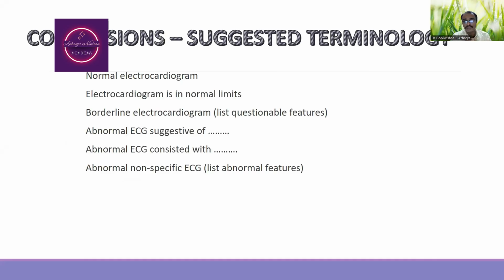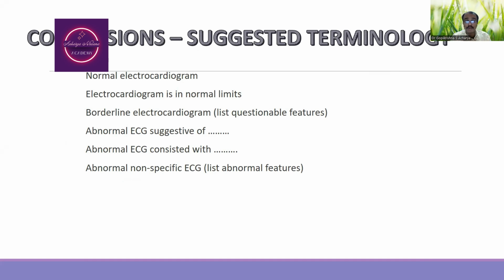Regarding the conclusions, what are the different suggested terminologies? We can write normal electrocardiogram, or electrocardiogram in normal limits, or borderline electrocardiogram. We need to know about the different features, for example regarding left ventricular hypertrophy, etc., that we are going to write.